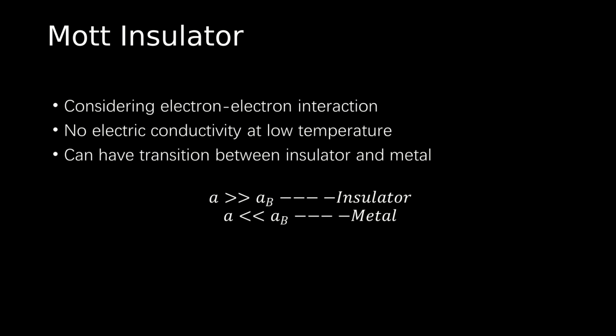The next property we're going to talk about for twisted bilayer graphene is the Mott insulator. The Mott insulator is a kind of insulator if we consider electron interaction in the lattice structure. It does not conduct any electricity at low temperature.